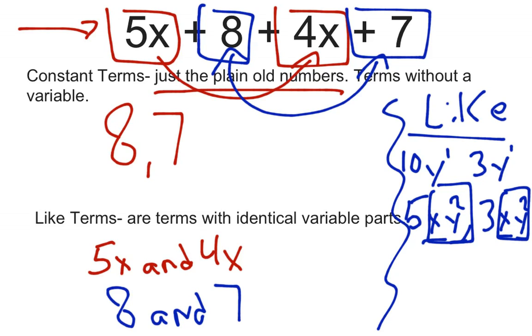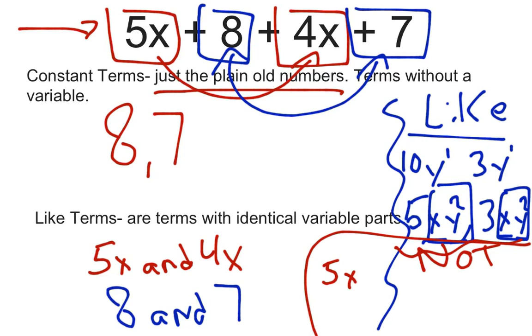Things that are not like terms, I'm going to switch to red. I'll put this in this little box here. Not like terms are things that don't match up, like a 5x and a 3y. Those don't match because one has an x, one has a y. Something like this: what if I do 5x to the second power y, and 2x y to the second power?